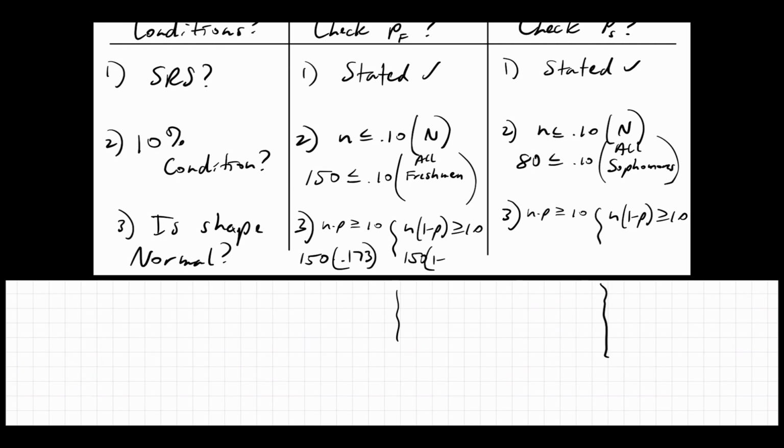Then 150 times 1 minus 0.173. For this one I get 25.95, which is greater than or equal to 10. And for this one I get 124.05, which is greater than or equal to 10. So they both check out there.